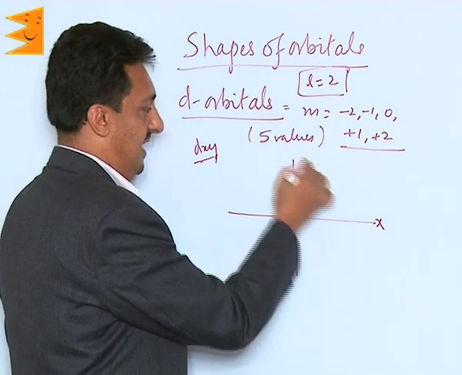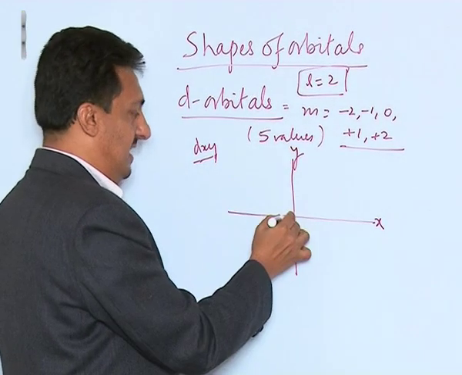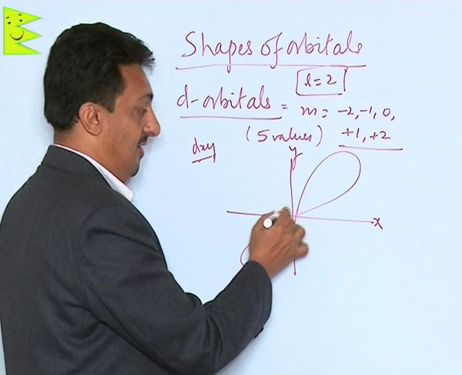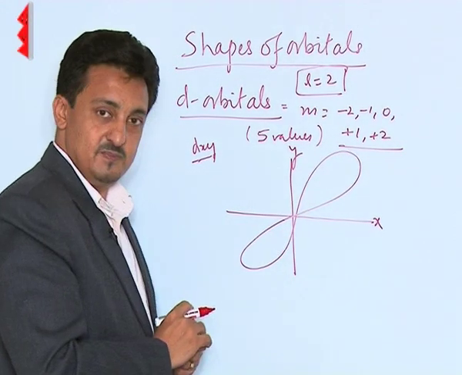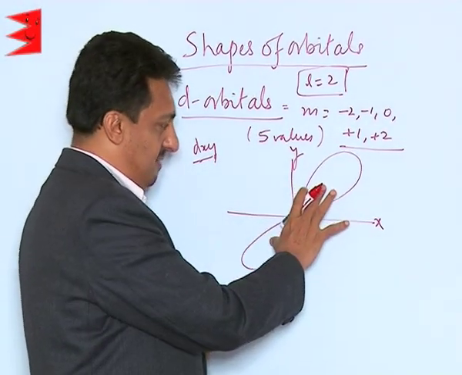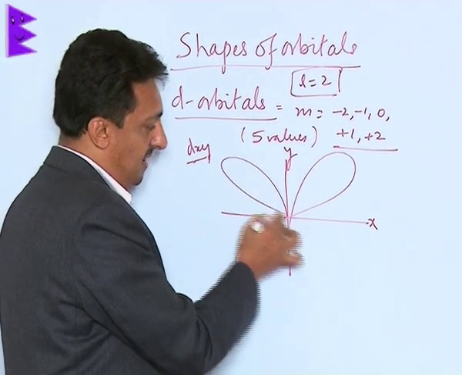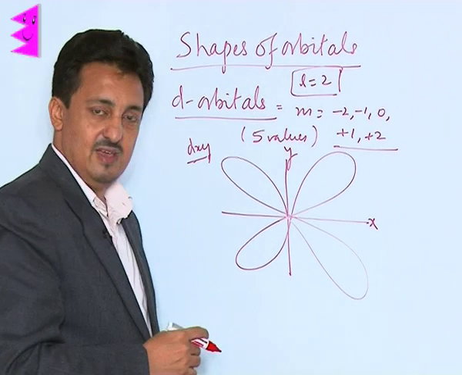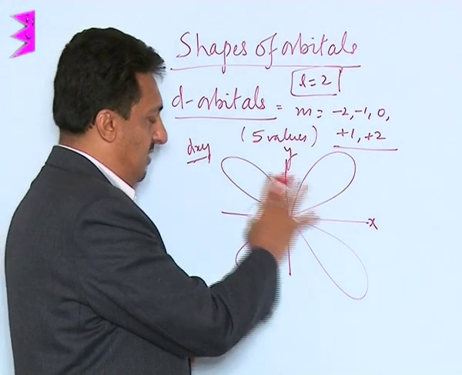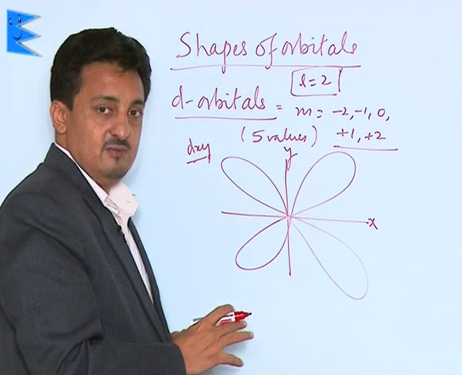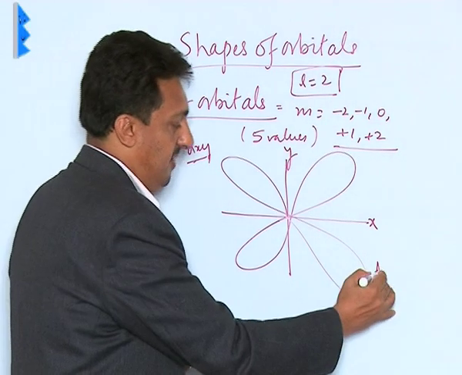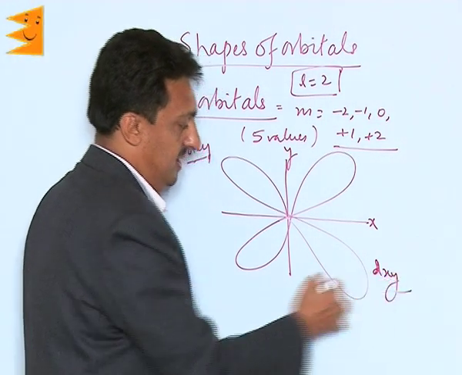If this is the x and this is the y axis, dxy is the orbital which lies along the xy plane. And now remember, if these are along the positive values of the axis, there can be lobes which are along the negative axis. So this is how we have 4 lobes, and this is the shape of dxy.